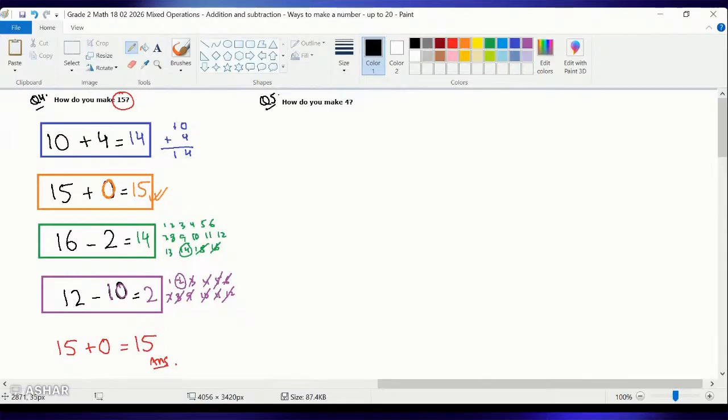And the options given are 2 plus 3, 1 plus 4, 5 minus 2, and 4 minus 0. If these are the 4 options given to us and we need to make a 4.